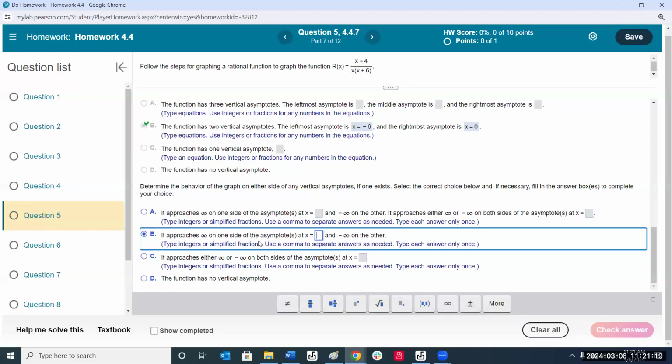Okay, so it approaches either positive or negative infinity on either side of the asymptote.